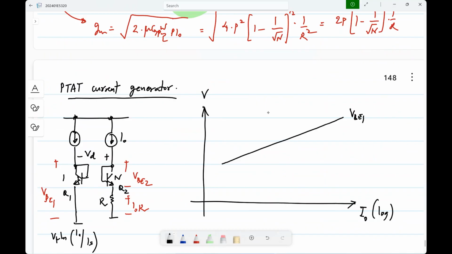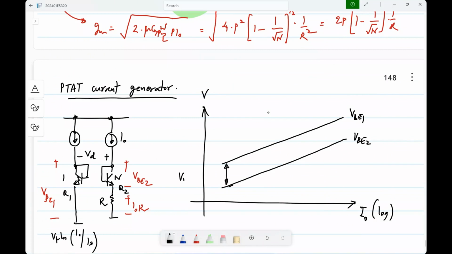VB2 line compared to VB1 line? Below this by VT log n. Okay, because it is the same thing. You have n IS in the denominator, or minus VT log n.